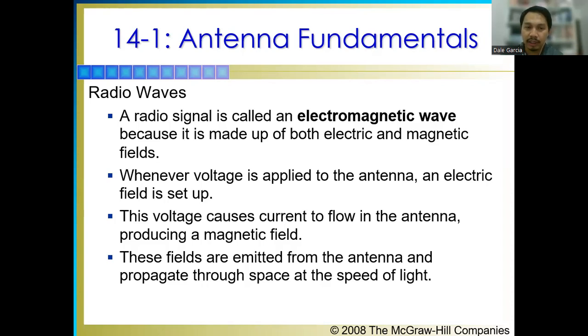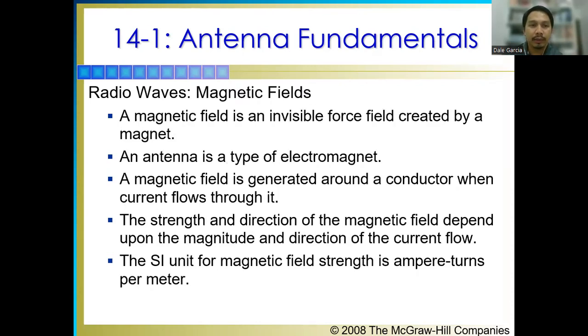Vice versa, the electric field will produce the magnetic field, and the magnetic field will produce more electric field, and so on. These fields are emitted from the antenna and propagate into space at the speed of light.